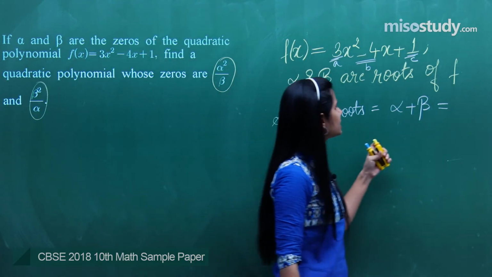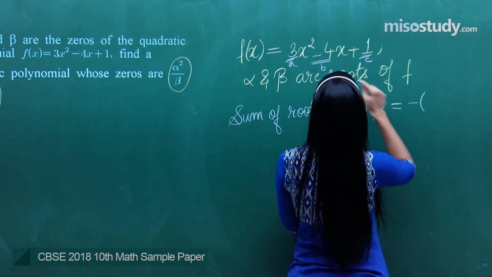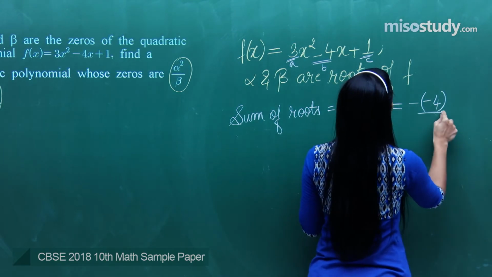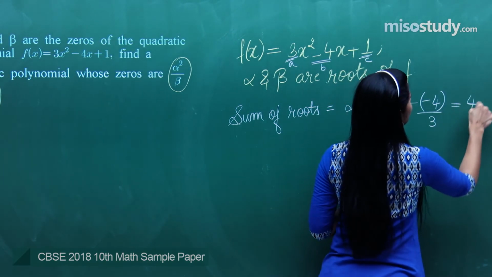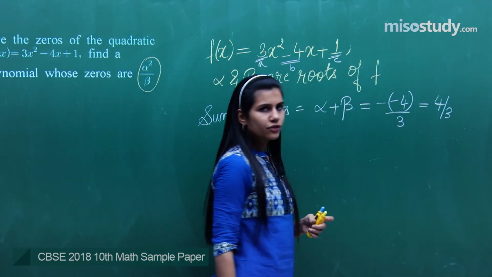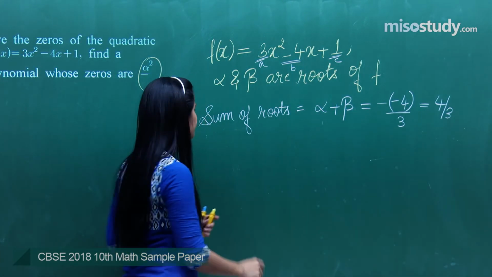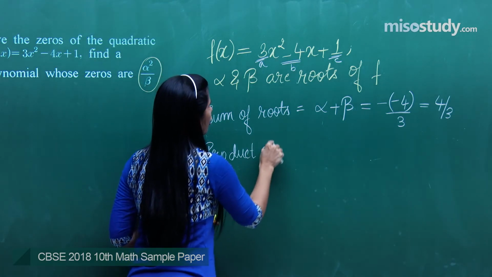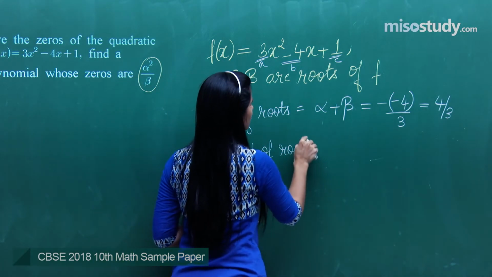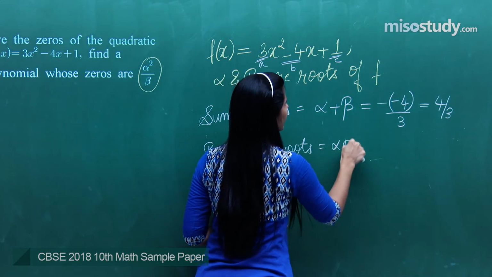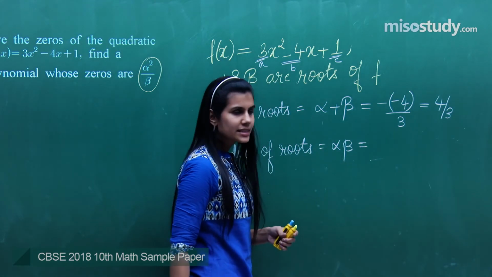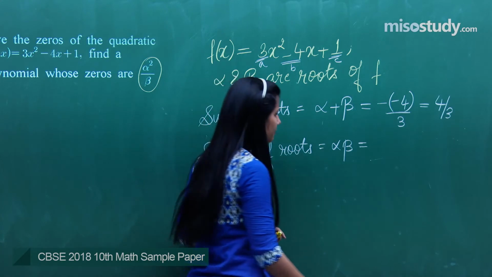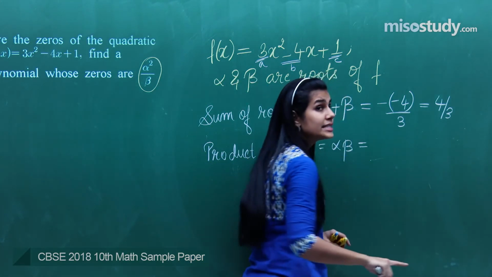So the sum of the roots is minus b by a, which is minus of minus 4 by 3, which makes it 4 by 3. And also we can find out the product of the roots, which is alpha into beta, in this case because alpha and beta are the roots, which is equal to c by a.